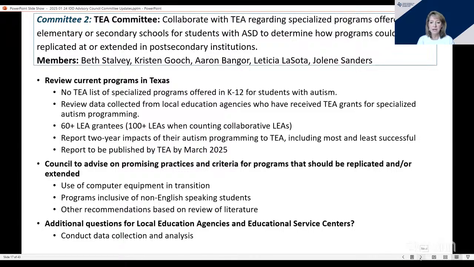And if we do have additional questions, would we be able to contact some of the local education agencies or educational service centers? And if we do that, then what does that data collection and analysis look like? So that's where we are in terms of discussion. Thank you very much.